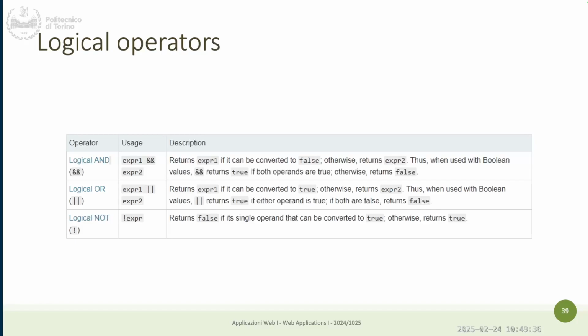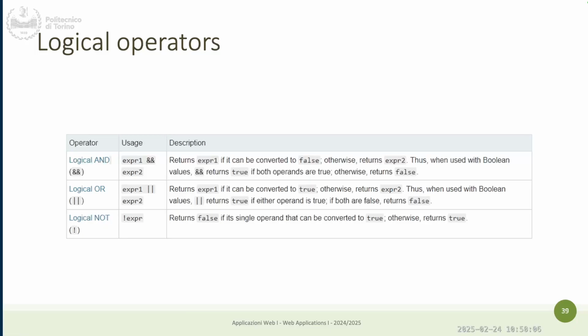So if it's a string, it will return a string. If it's an array, it will return an array. It will not convert expression 2 to Boolean. It will only check the Boolean value of expression 1. And the same goes for the OR operator. And of course, if expression 1 is true, return this, otherwise return expression 2.